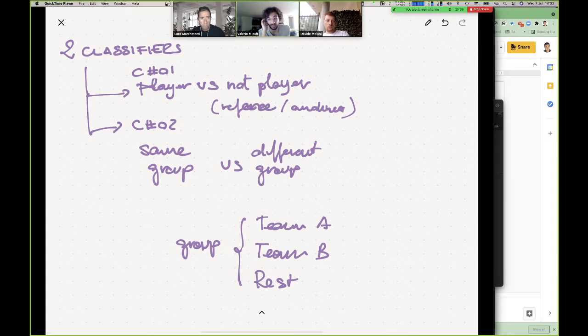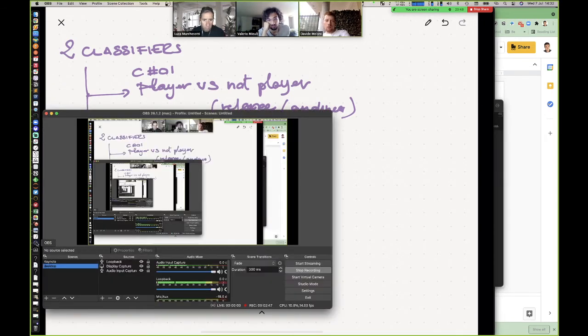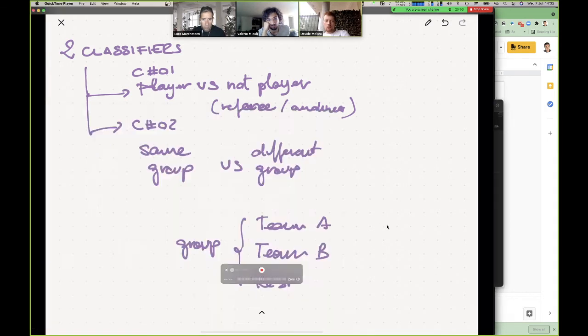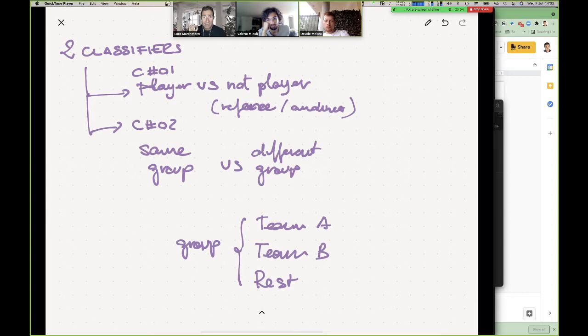Maybe there are a bit more players. For this classifier, I think we would need no more than 20,000. How many labels? Two, player versus not player. Yes, it's a binary classifier.